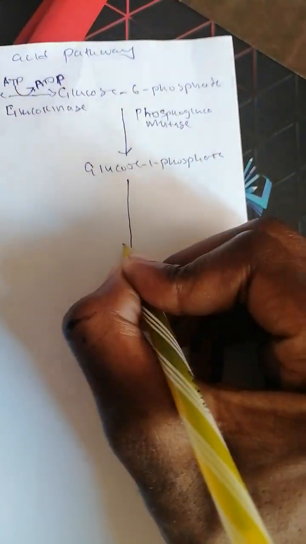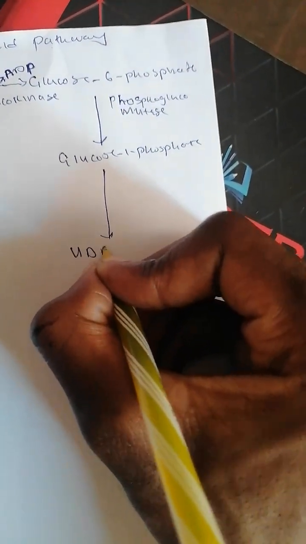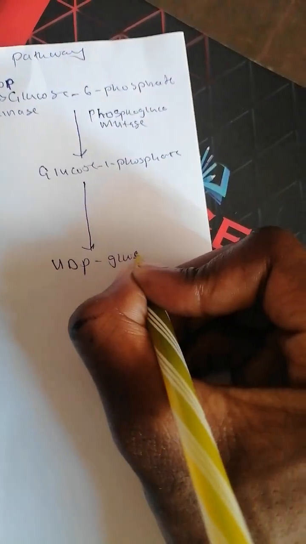The glucose 1-phosphate is later converted to UDP glucose. By what?